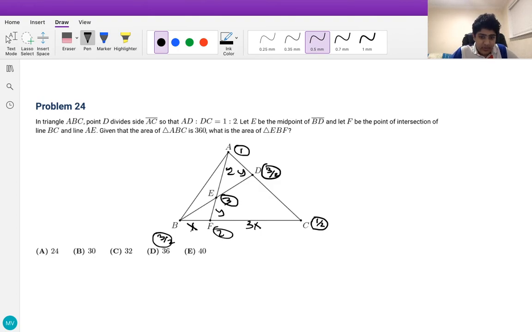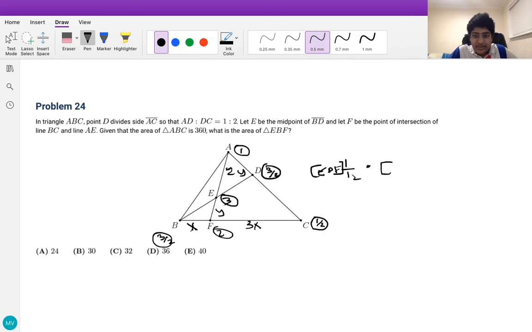So this means overall, the base is 1/4 of that of the original, while the height is 1/3. So the overall area is 1/4 times 1/3 equals 1/12. So we have area of EBF is going to be equal to 1/12 times the area of ABC.